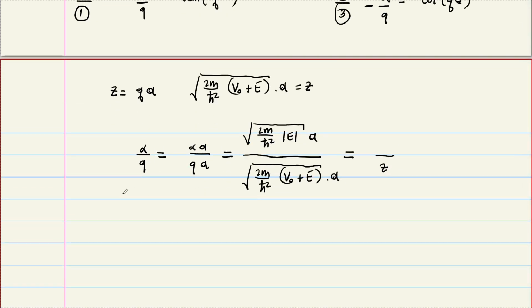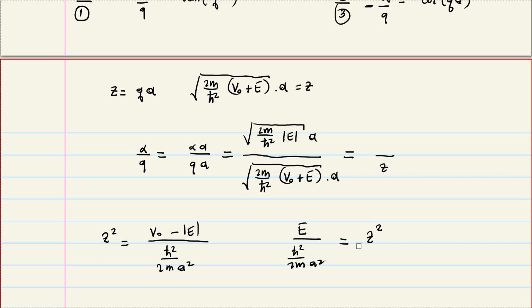So this is my z squared is equal to v naught minus e divided by h bar squared over 2m a squared, and I want to write this as e divided by h bar squared over 2m a squared is equal to z squared. So I took this here.